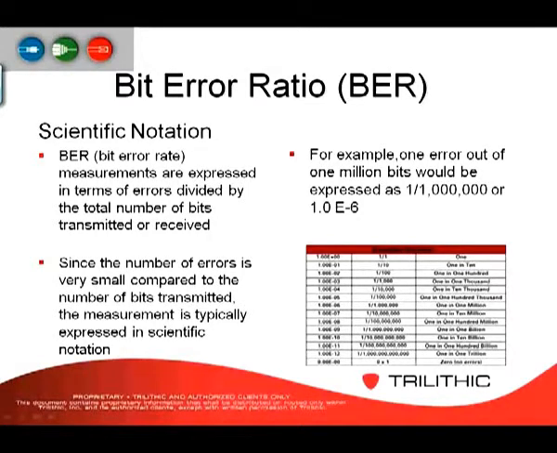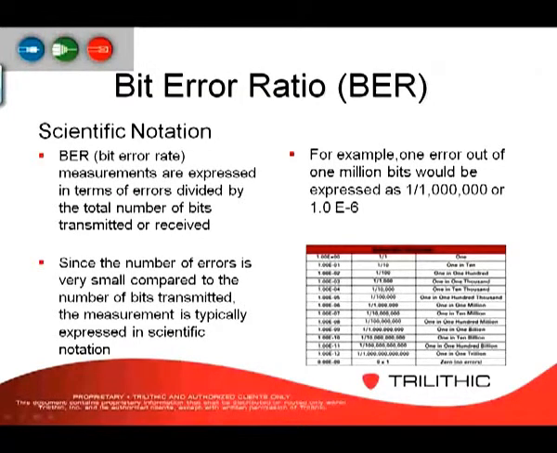So this gives a better description of how to read bit error rates. The way to remember bit errors is to look at the number on the far right side. If you had 1e-6, that minus 6 lets you know how many zeros follow the 1. In a million there are 6 zeros. So if I see that minus 6, I know that means a million.